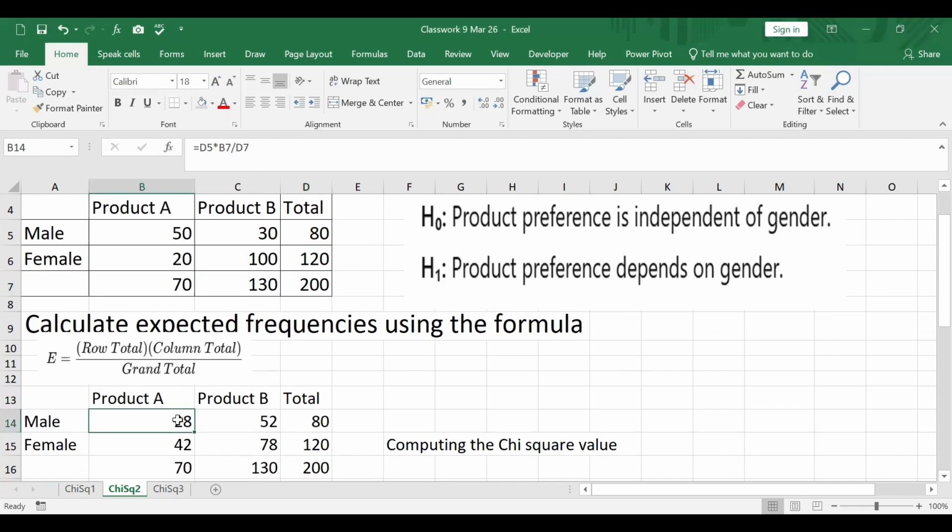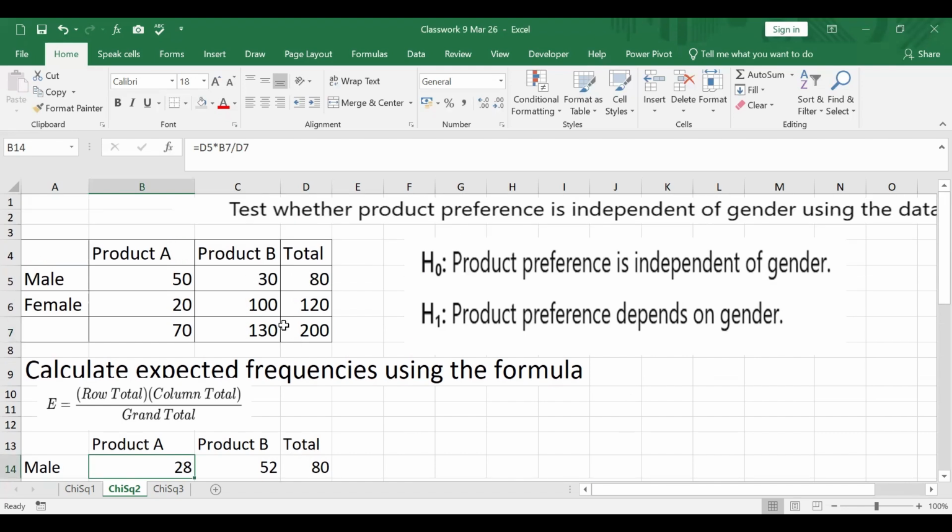So 80 into 70. Similarly, for this one, to get 52, we have to do 130 star 80 by 200. It is 52.